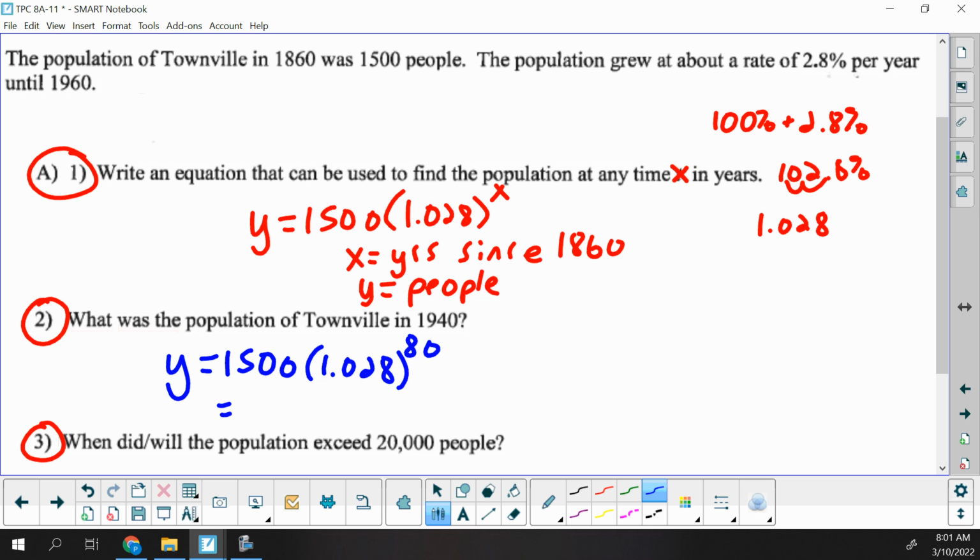That's going to give us 13,662.82 and other stuff. So to the nearest whole, we'd have 13,663 people. Again, if you need to correct anything, correct it as you go.